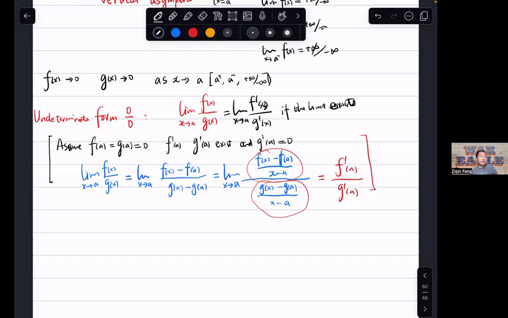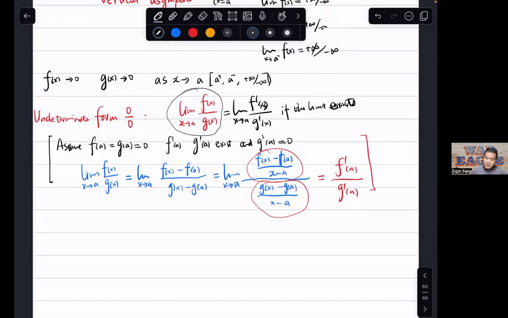If you have a limit which you don't know how to evaluate, you can differentiate the numerator and differentiate the denominator separately. Do not use the quotient rule, right? And take a quotient, you will get an easier function, right? Then maybe after you take a derivative, if you plug a into the denominator, you do not have 0 anymore, right? Just plugging in a, you get the limit of this fraction.